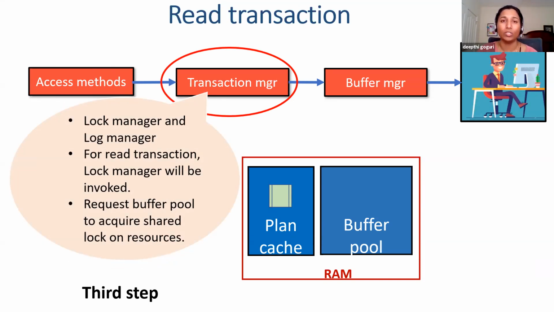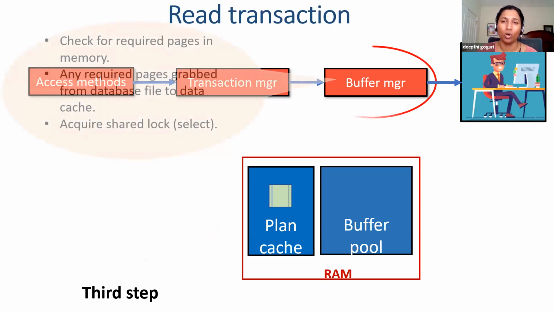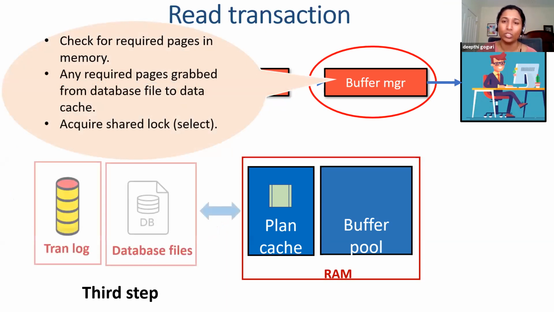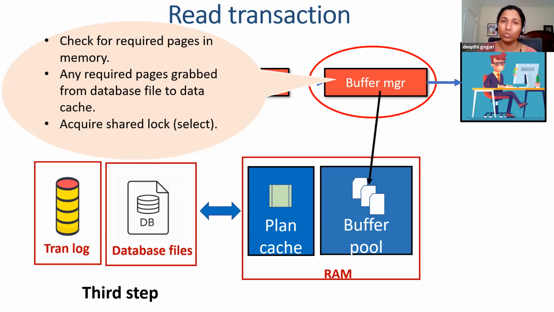And it will request the buffer manager to put the shared lock on the resources the buffer manager needs to process this query. Why shared lock? Because this is a read transaction and we are not modifying any data. Once the query has reached the buffer manager component, it will first put the shared lock on the resources it needs, and then check if all the resources it needs are already inside the buffer pool.